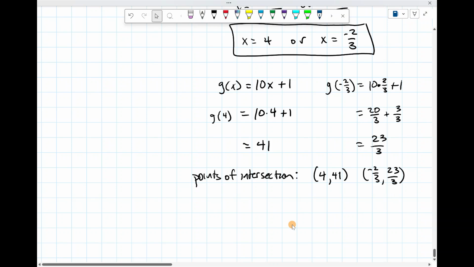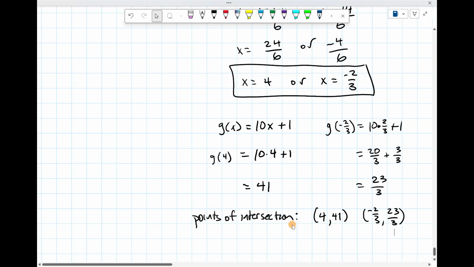So is that correct? I feel like maybe I got that wrong somehow. Let's see. I'm just going to divide 23 divided by 3, and I get, again, 7.6. I see where I made my error. I was supposed to plug in a negative 2/3. I plugged in positive.